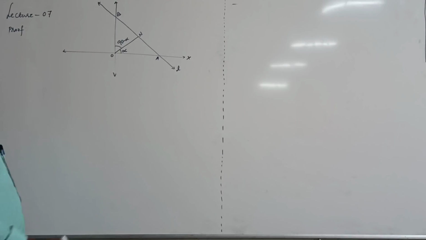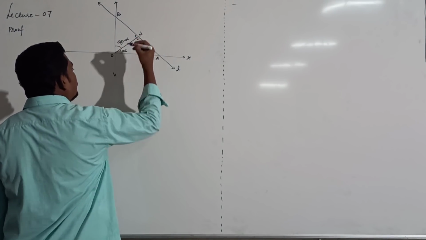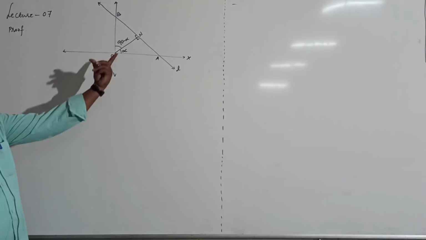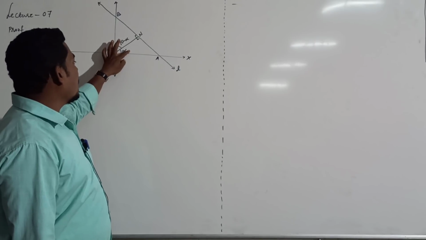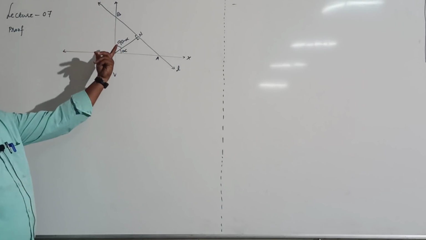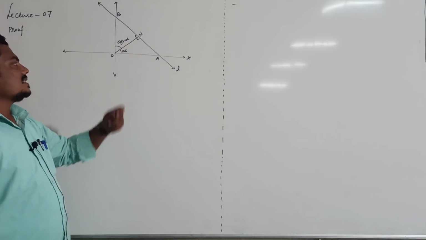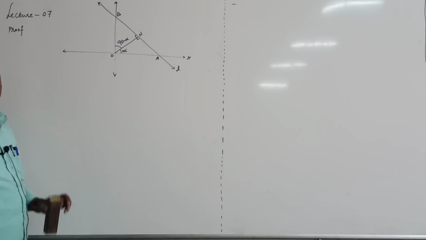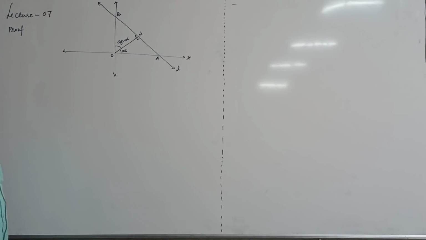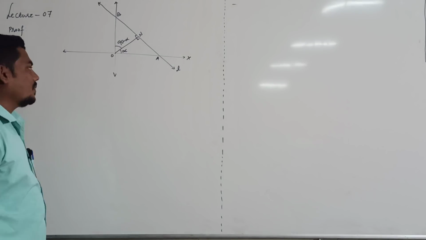And clearly it is a right angle because ON is perpendicular to line L. The angle made by the perpendicular with the x-axis is alpha, and ON length is p units. Distance between origin and line is p units. ON is equal to p.